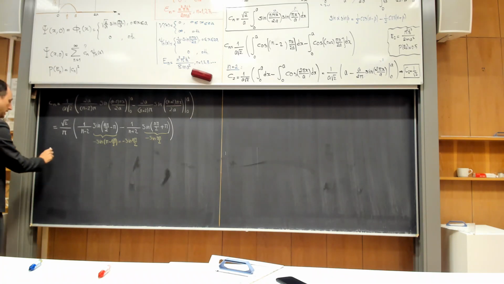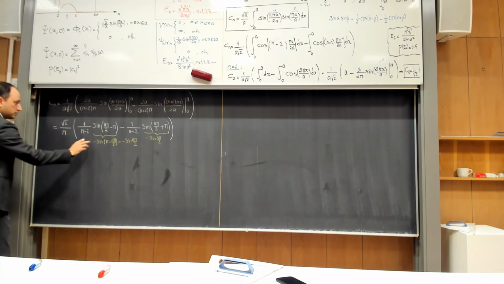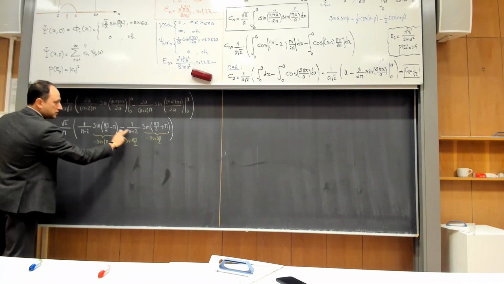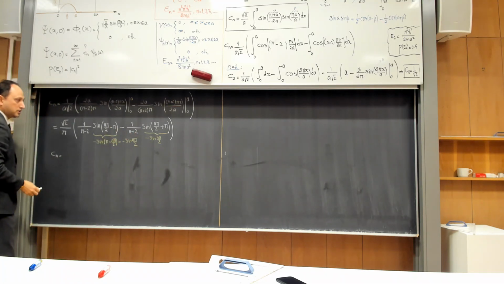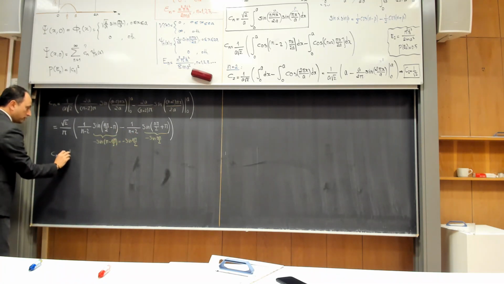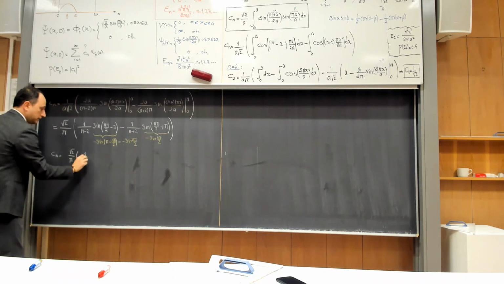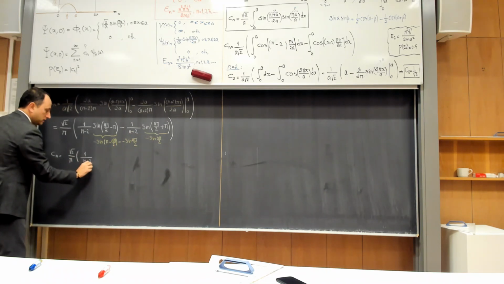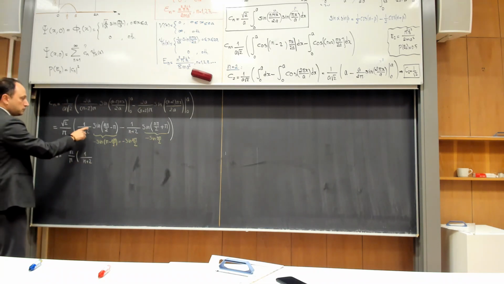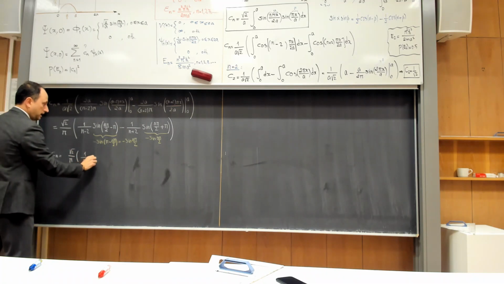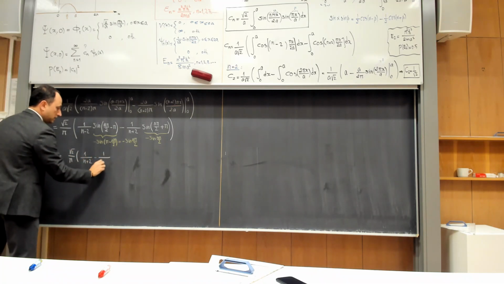Okay, so Cn becomes equal to, this is minus minus, so it becomes plus. So let me write that plus one first. I will have square root of 2 over pi. And then I will write 1 over n plus 2. Yes? And then this one becomes negative 1 over n minus 2.